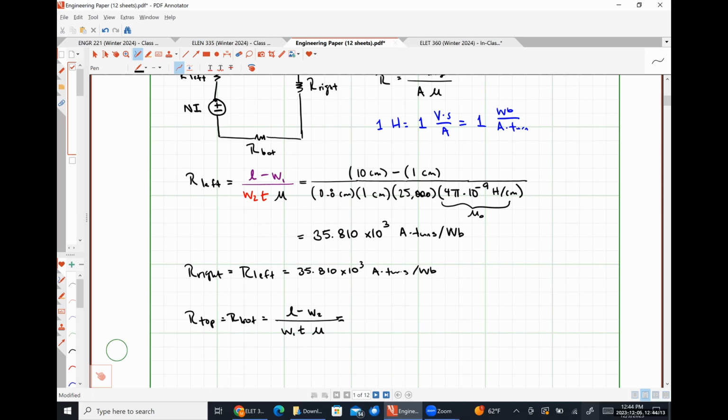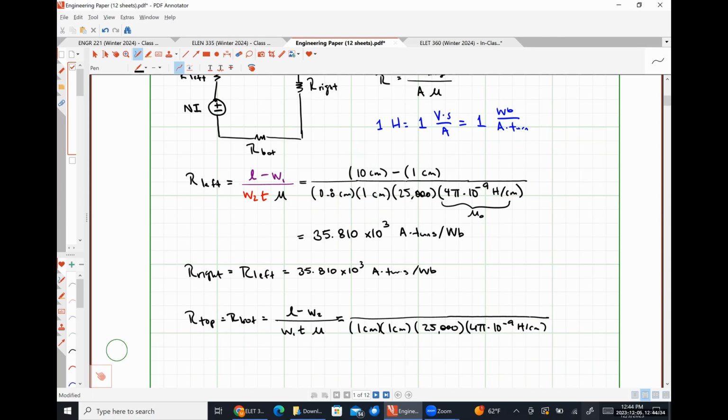So throw numbers into this guy. W1 was 1 centimeter, T is 1 centimeter, 25,000 times 4 pi times 10 to the minus 9 henries per centimeter.